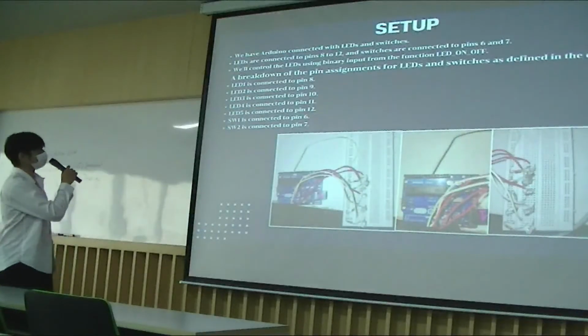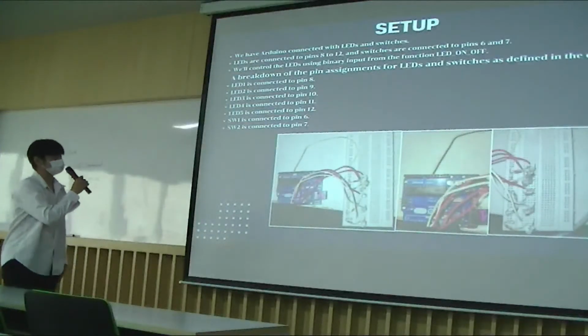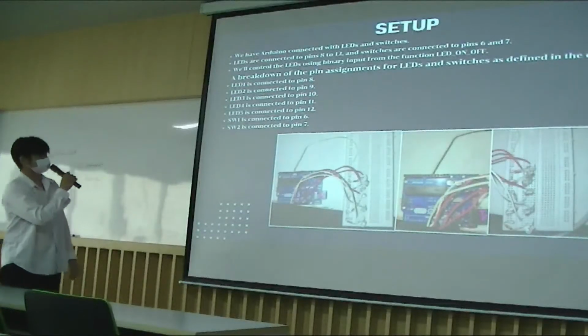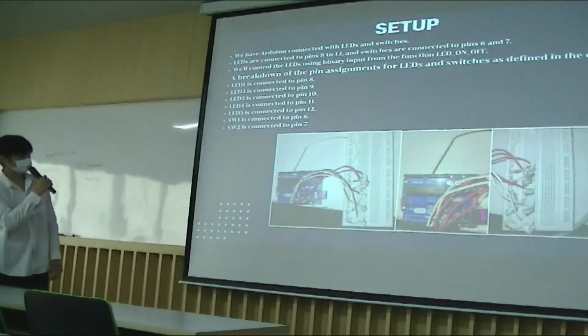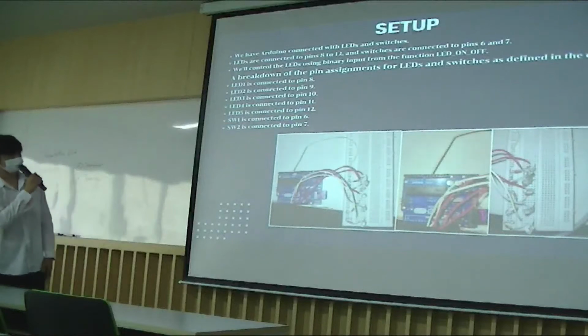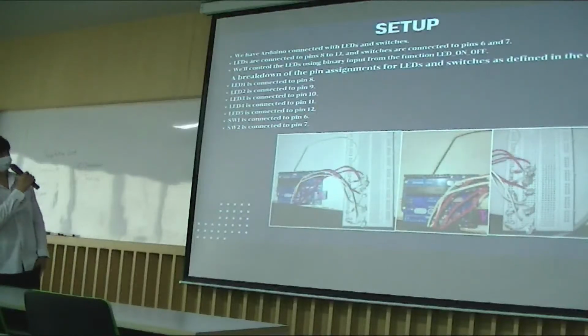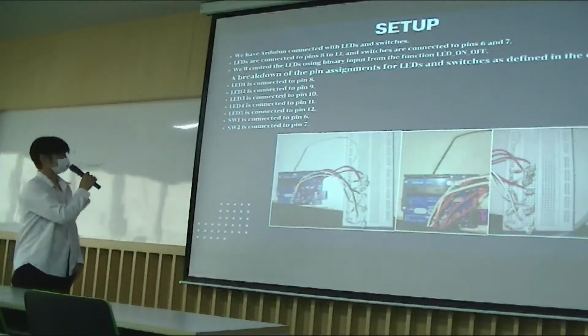Here's the setup. We have Arduino connected with LEDs and switches. LEDs are connected to pins 8 to 12, and switches are connected to pins 6 to 7. We'll control the LEDs using binary input from the function LED on off.